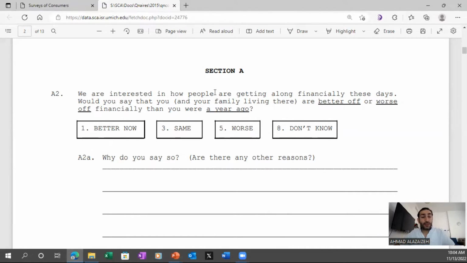If we start with section A, let's take one or two questions. The interviewer, the caller on the cell phone, asks the randomly picked consumer the following: We are interested in how people are getting along financially these days. Would you say that you and your family living there are better off or worse off financially than you were a year ago?